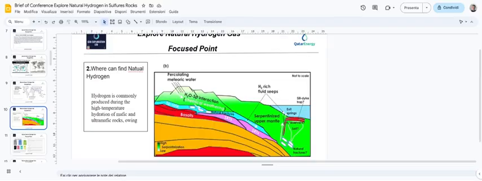The scheme that is based on the presence and production of white hydrogen is the following: the geological context of subduction with two plates.